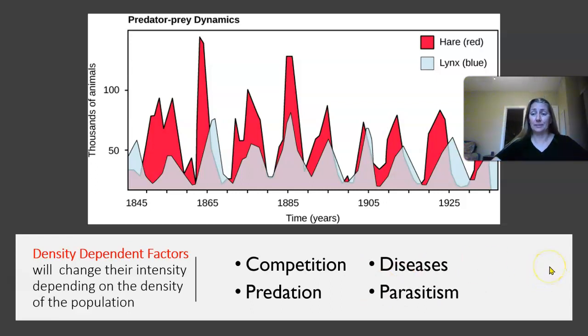Diseases, parasitism, all examples of density dependent factors. Notice what these density dependent factors have in common. They all tend to be biotic things, living things that are affecting populations. It's kind of the opposite of density independent factors.